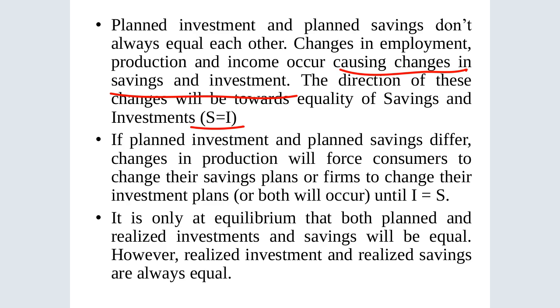So if planned investment and planned savings are not equal, the changes in production will force consumers to change their savings plans, or firms to change their investment plans, or both, until investment equals savings.